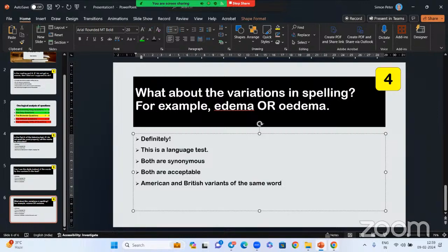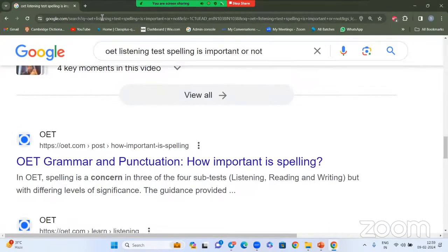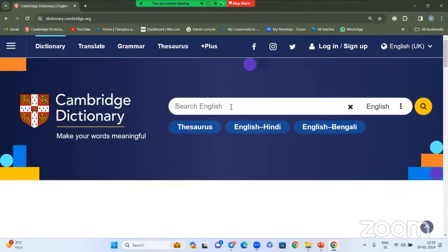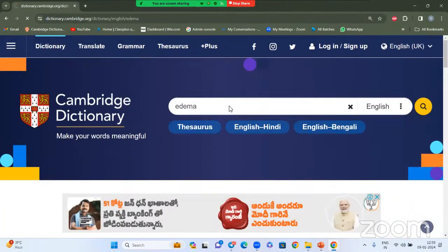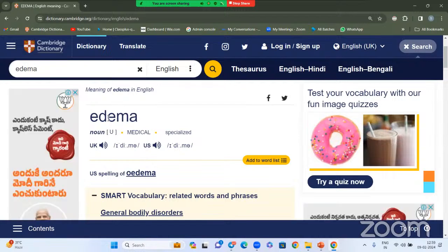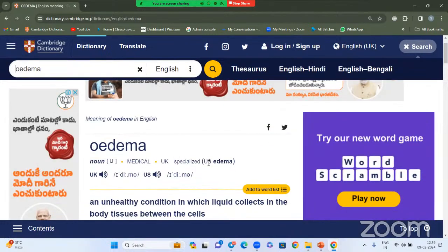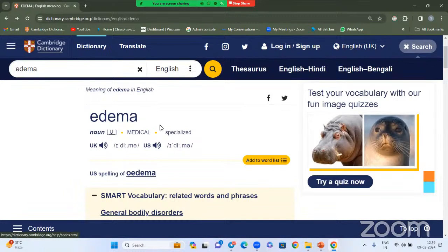Now let us see what you have asked for. In the Cambridge Dictionary, EDEMA is the spelling, and this is the US spelling. Both are okay.